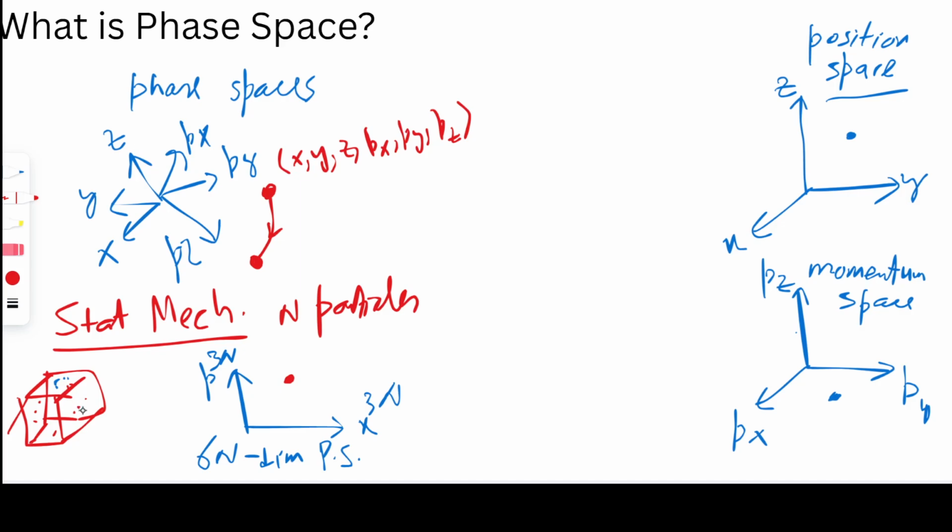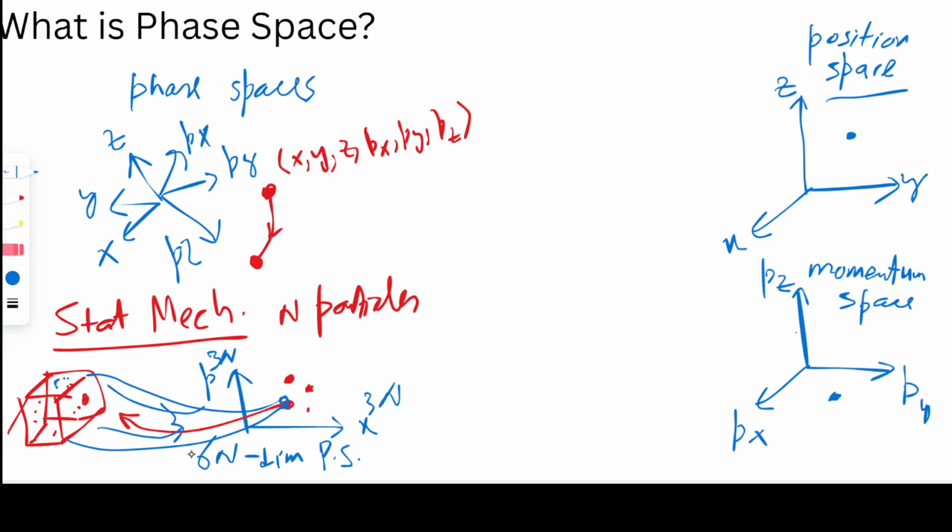And if one or more particles change position or momentum, then it would correspond to another point in the phase space, and so on. So each point represents the complete state of this system, not just of a single particle, but this point represents the state of all the particles combined, because this is 6n dimensional.